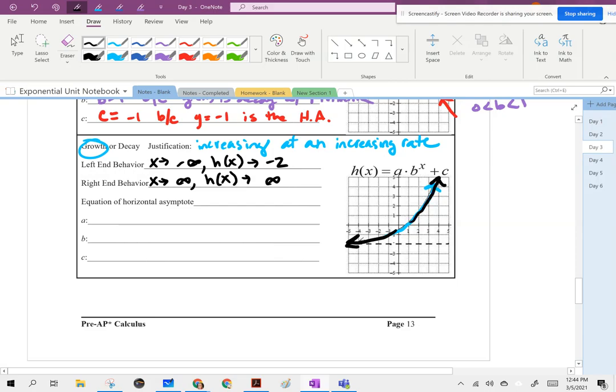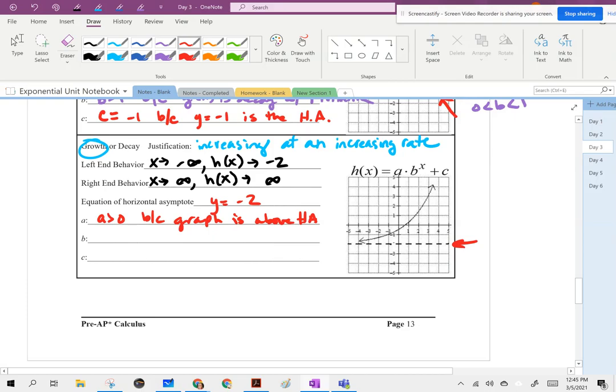Well, it's approaching positive infinity. Now let's take a look at my horizontal asymptote, y equals -2. Let's take a look at the a value. The a value is above, so a is greater than 0 because the graph is above the horizontal asymptote.